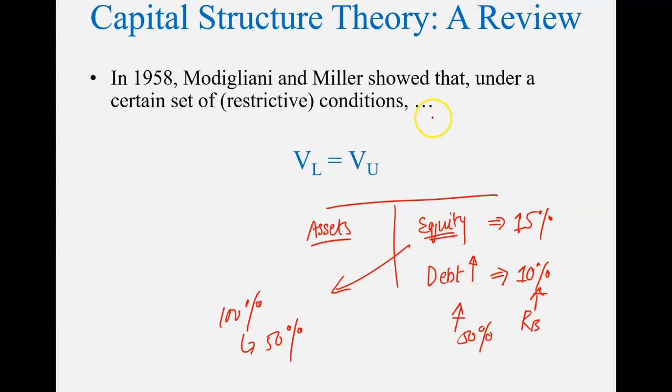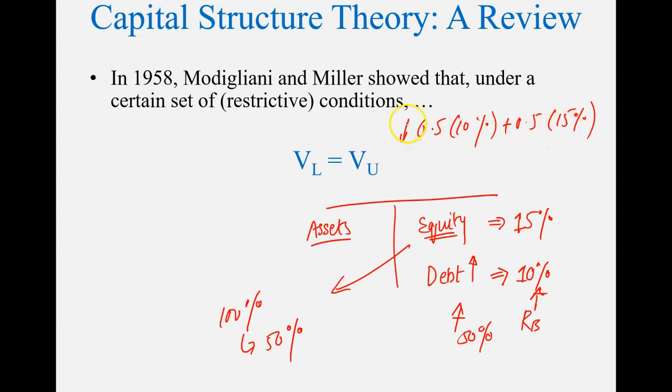And guess what? 50% of my cost of debt will be cheaper. That's 10%. And then 50% will now be equity, and equity holders wanted 15%. So my cost of capital will decrease. It's better than funding 100% at 15%. I'll just fund half my assets at 10% and half at 15%.